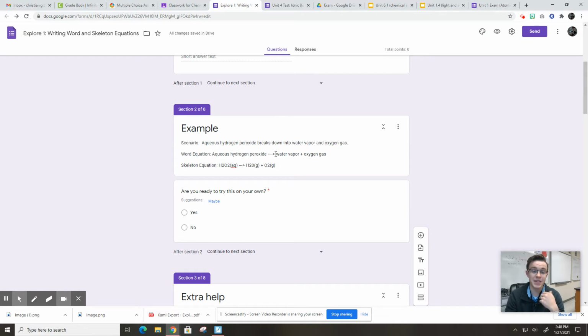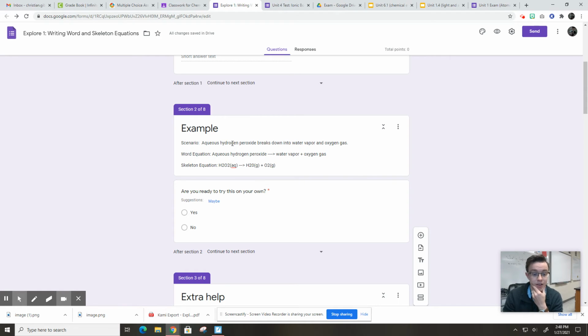This arrow means yields, and that's what separates your reactants, or what goes into a chemical equation, from your products, which is what comes out. That arrow indicates that a chemical reaction is taking place, and we would read that arrow as the word yields. So aqueous hydrogen peroxide yields water vapor plus oxygen gas.